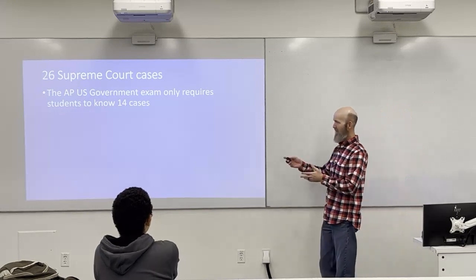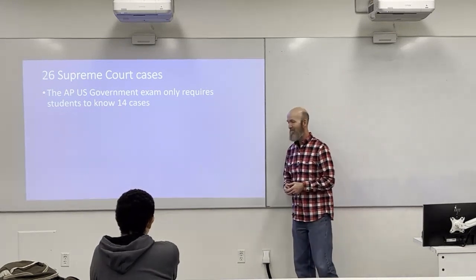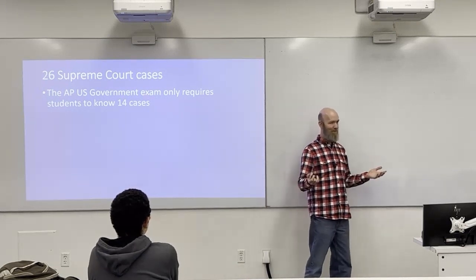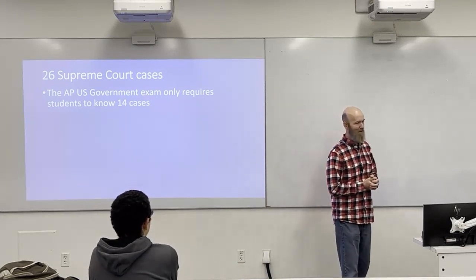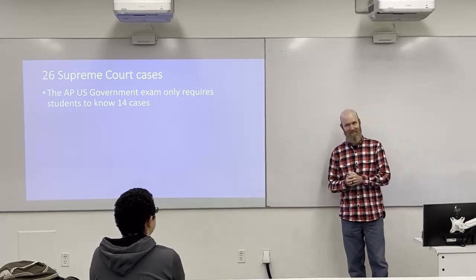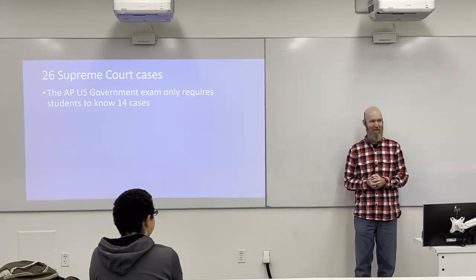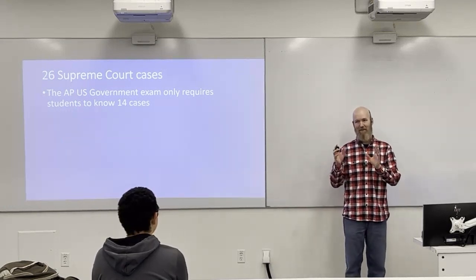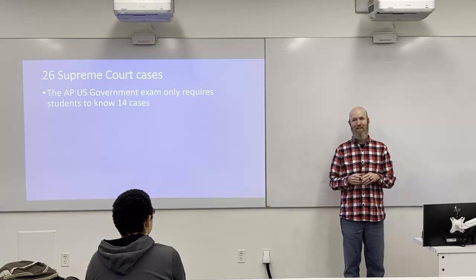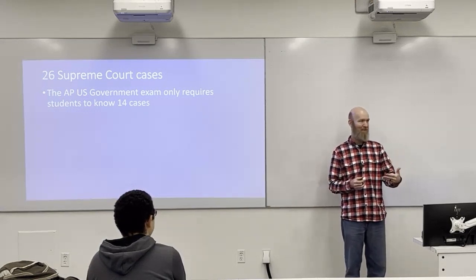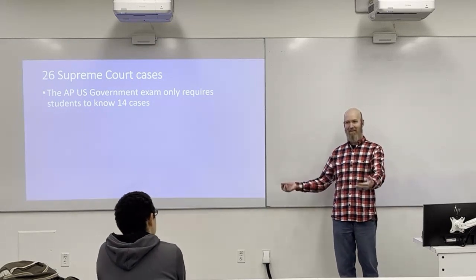Now, I mentioned using process of elimination. Not that I would know, but I might have heard from somebody that one of the questions could be a case that's not listed in the 26 Supreme Court cases. They'll ask something about a case that's not in the 26, and there'll be 4 choices. 3 of them will be cases you should know. 1 will be this other case.